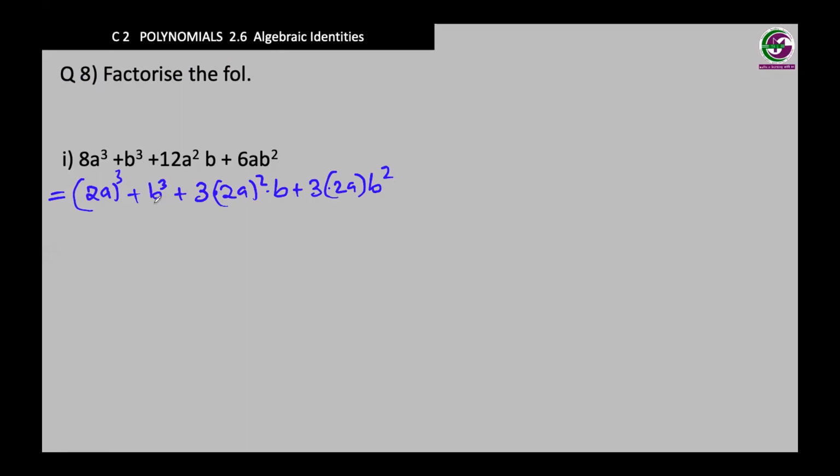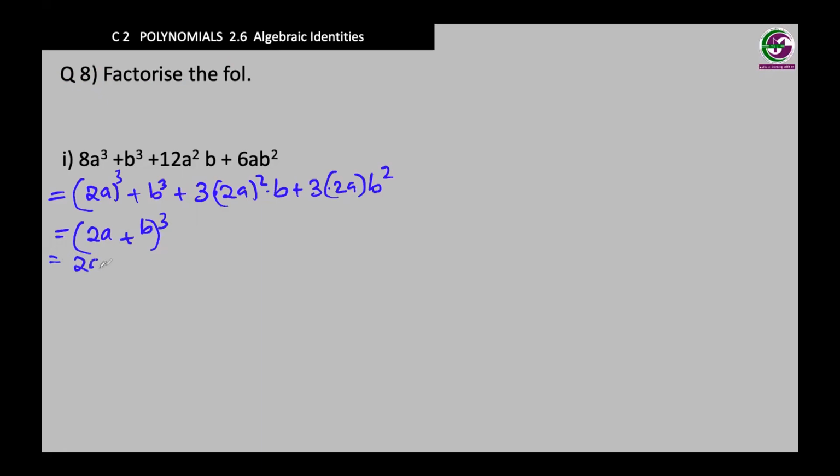That's it, because you have the last term here. Yes, it is correct, because 2 times 2 is 4 times 3, 12, a square b. 2 times 3 is 6, ab square. So this is the expansion of first term plus the second term whole power 3.